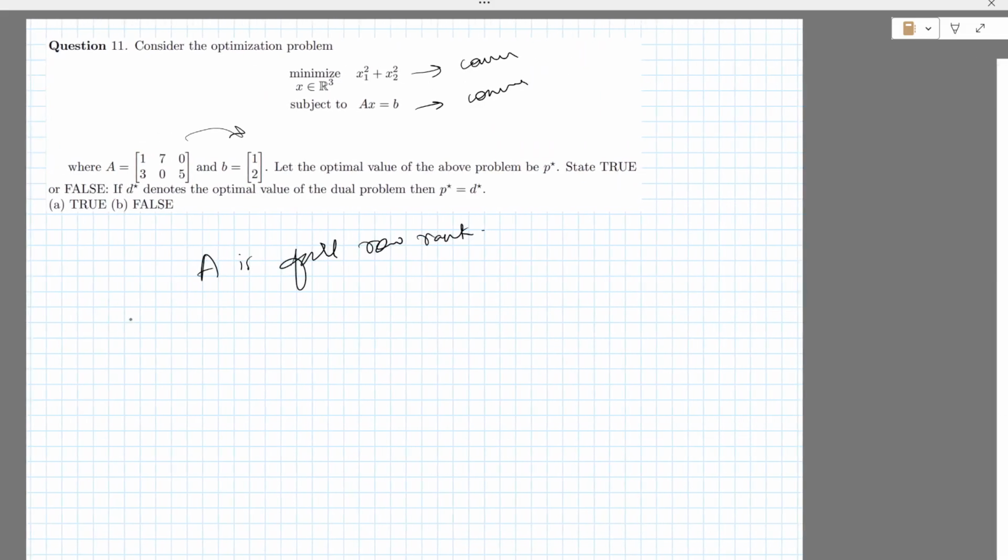So there exists x that satisfies Ax equal to b. Therefore, Slater's condition holds.